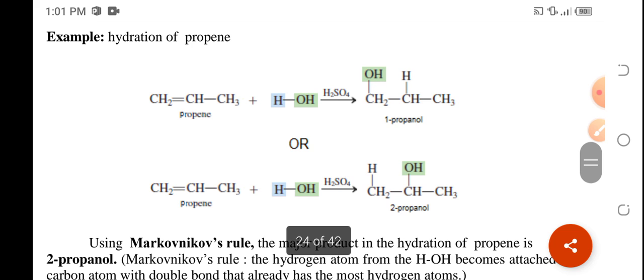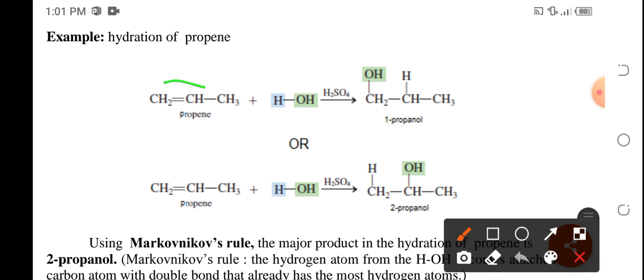A concrete example is hydration of propene. The double bond will be broken and it will turn into a single bond. With that breaking of the double bond, it can now accommodate the molecules H and OH. The OH could possibly be attached to the first carbon atom, and the hydrogen attached to the second carbon atom.